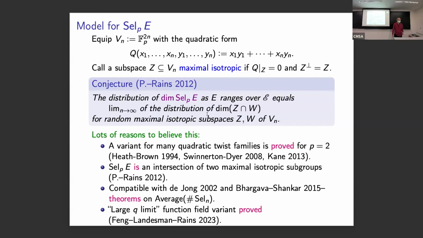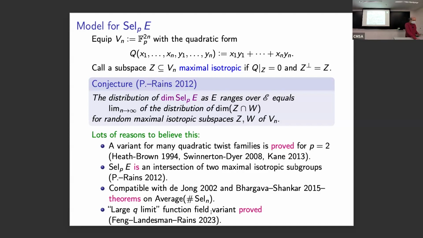There is also recent work by Tony Fung, Aaron Landsman, and Eric Rains, where they prove some kind of function field version of this statement. Maybe I won't try to explain that, but anyway, there's quite a bit of evidence in various directions for this conjecture.